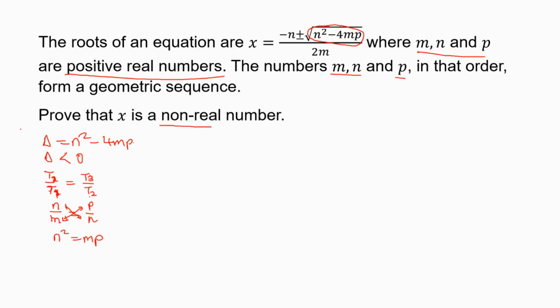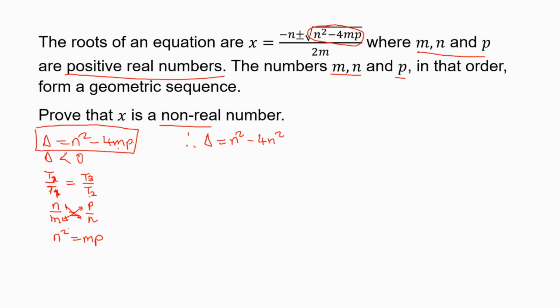But what did we say the discriminant is? The discriminant is n squared minus 4mp. So where there's mp, we can put n squared, and where there's n squared, we can put mp. So now the discriminant is equal to n squared minus 4n squared.